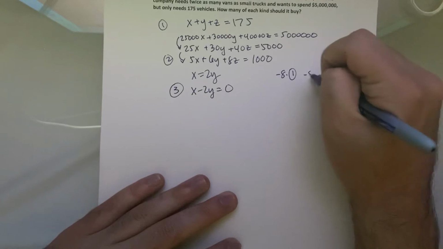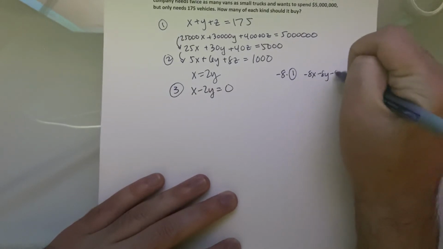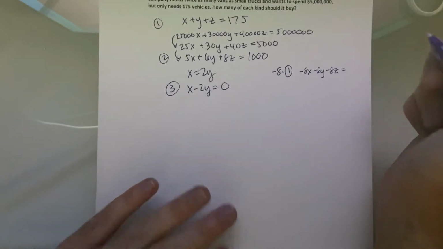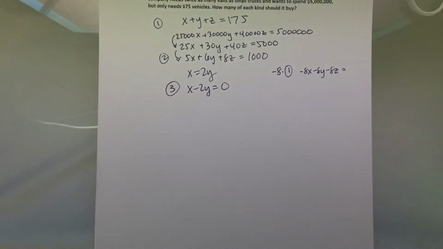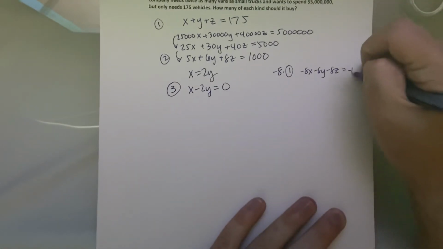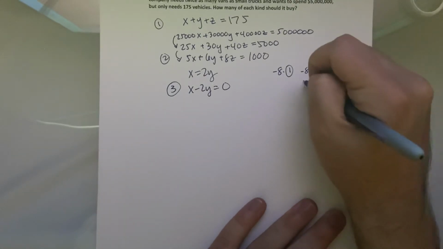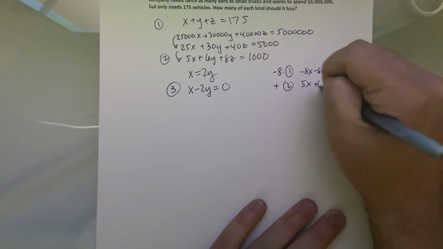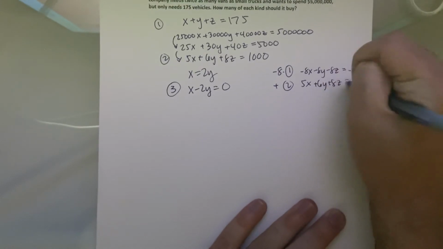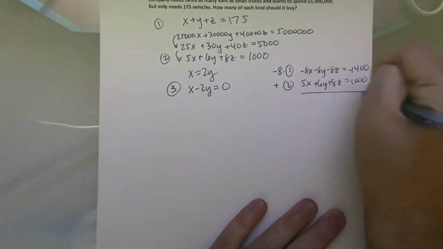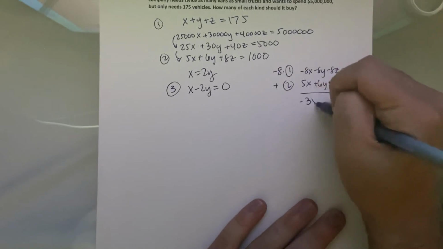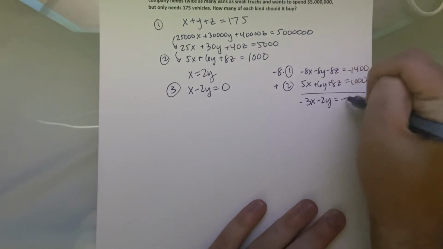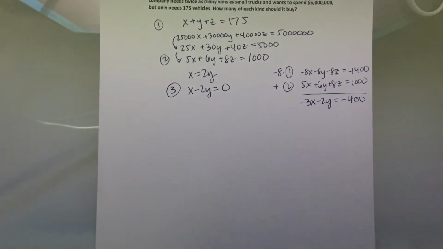That gives negative 8x minus 8y minus 8z equals negative 8 times 175, which is negative 1,400. To combine with equation 2, 5x plus 6y plus 8z equals 1,000, I get negative 3x minus 2y equals negative 400.